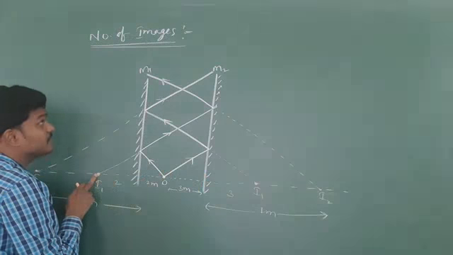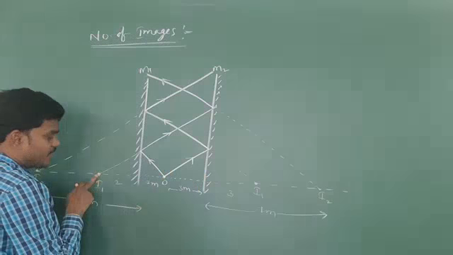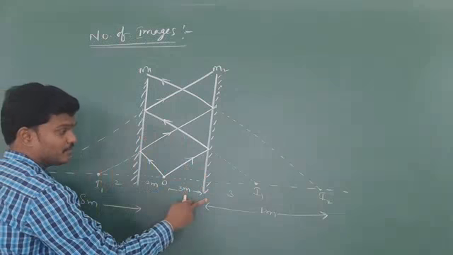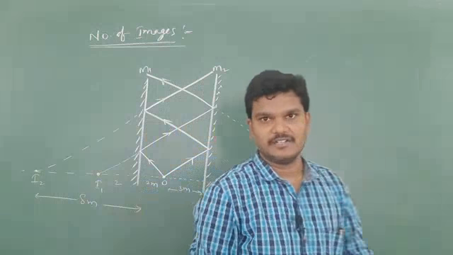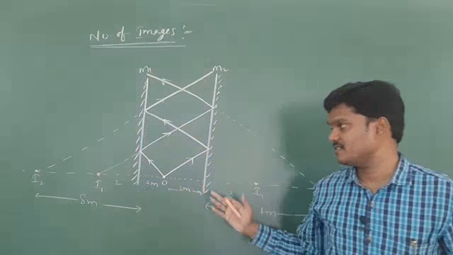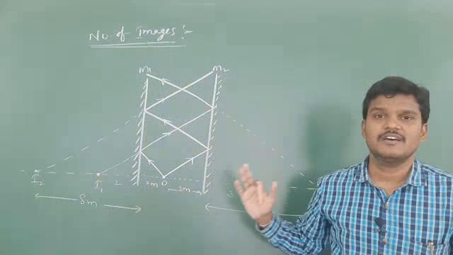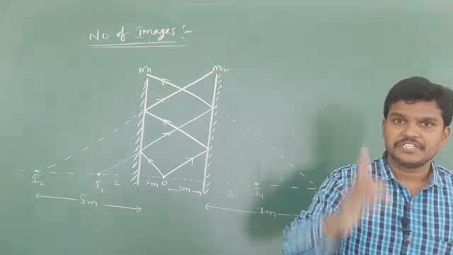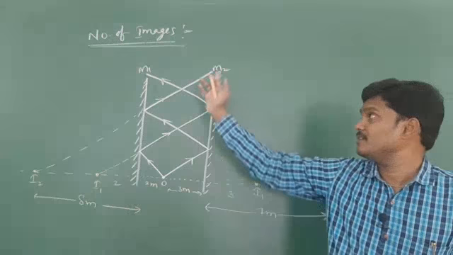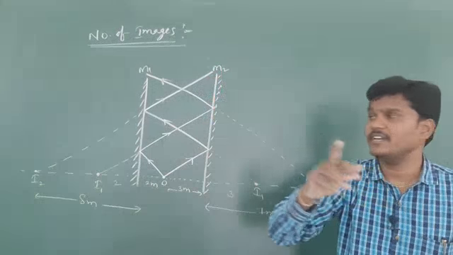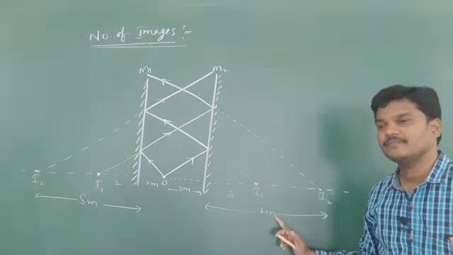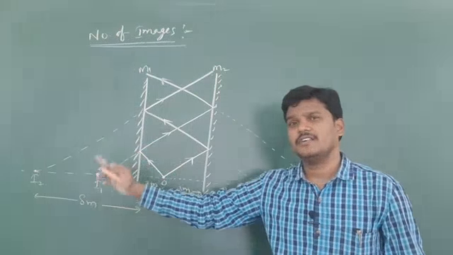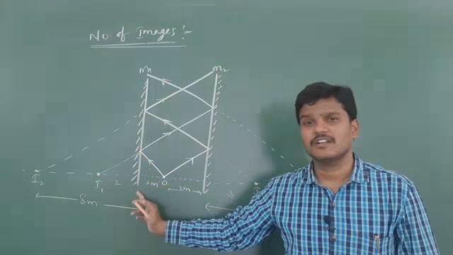This is the real image for M1, behaving like a virtual object for M2. If you extend, you will get a number of images, and the distance between first order images, second order images, and third order images. The distance of the second image from the second mirror is 7. The distance of the second image from the first mirror, 8 meter.